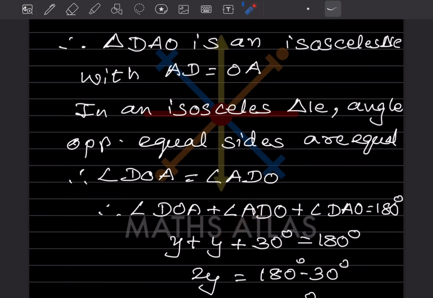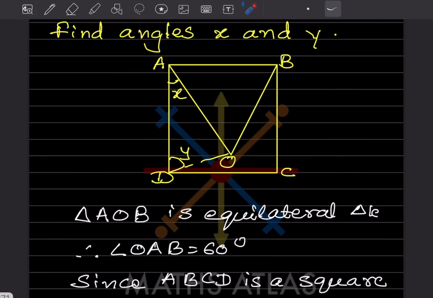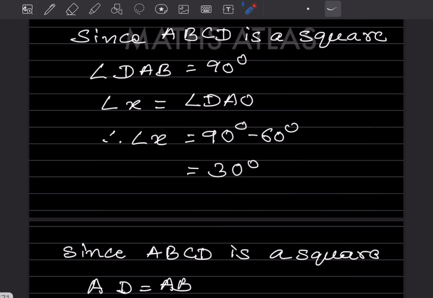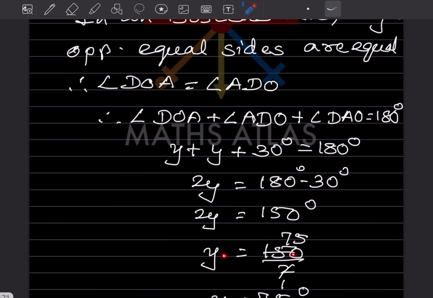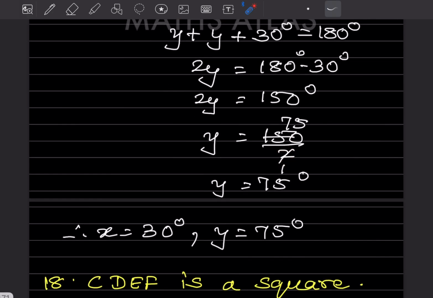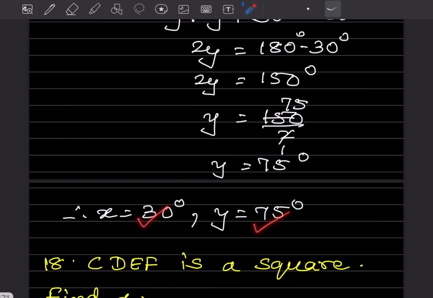And DAO is x, which is 30 degrees. So 2y plus 30 is 180, so 2y is equal to 180 minus 30, which is 150. So y is equal to 150 divided by 2, which is 75. So x is 30 and y is 75.